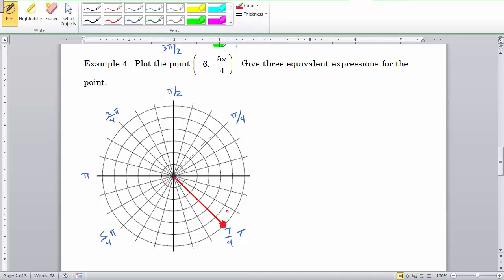So that's my dot, believe it or not. What did I do? I rotated negative 5/4, right? Went all the way to here, but I had to go backwards. So that tells me that this is negative 5/4.